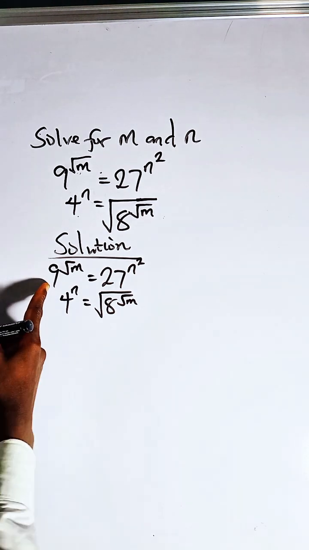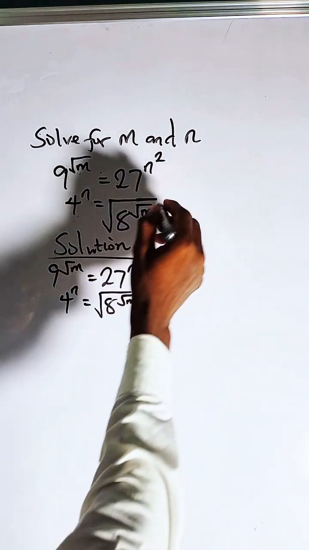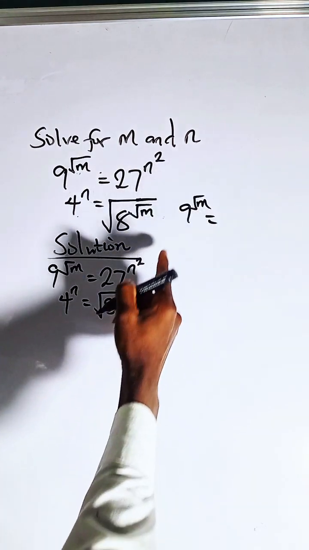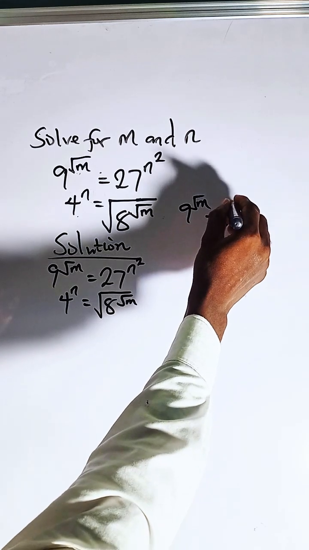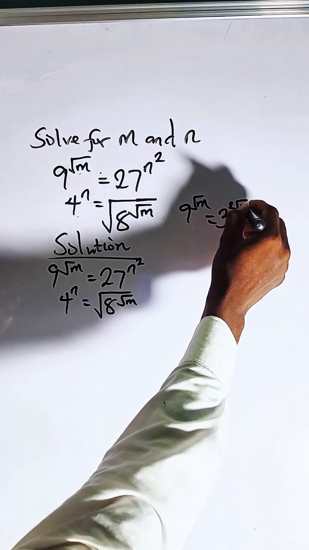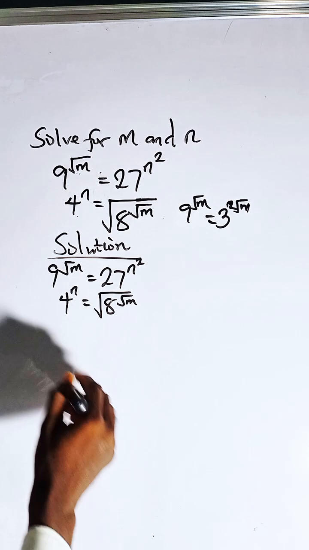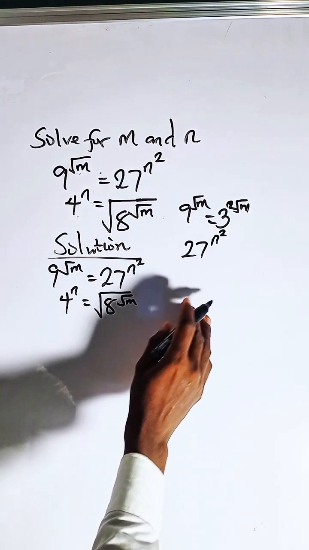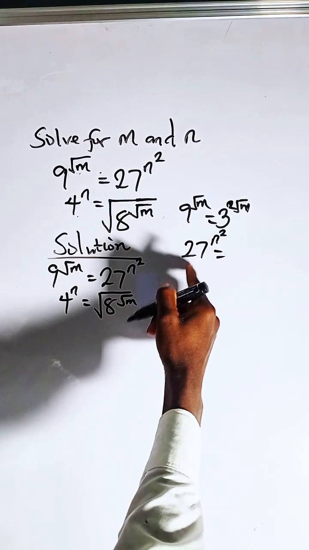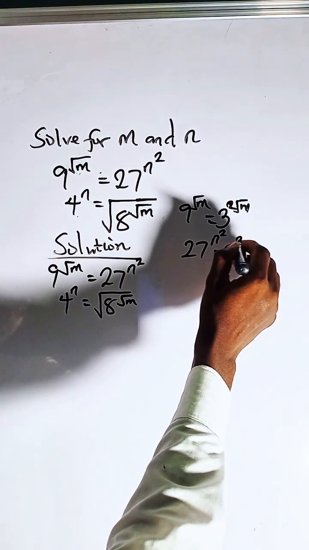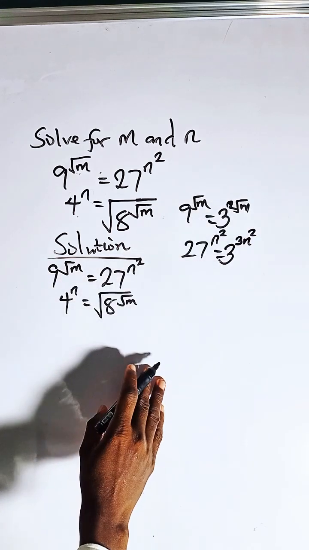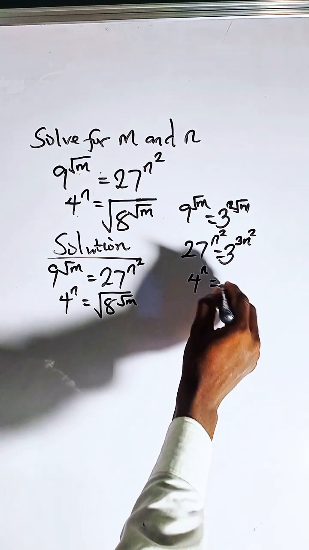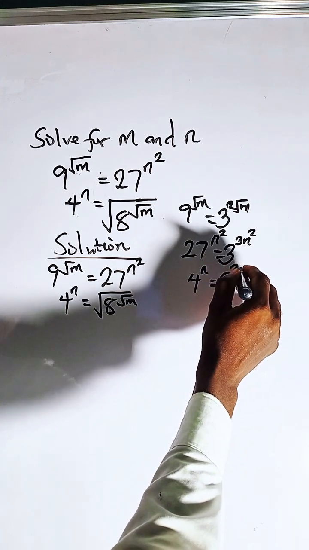Let's start with this part of the equation. We have 9 root m, which we can write as 3 raised to power 2 root m. For 27 raised to power n squared, in index form we have 3 raised to power 3n squared. For 4 raised to power n, we can have 2 raised to power 2n.